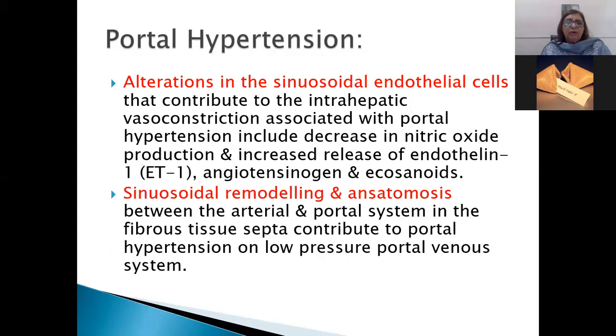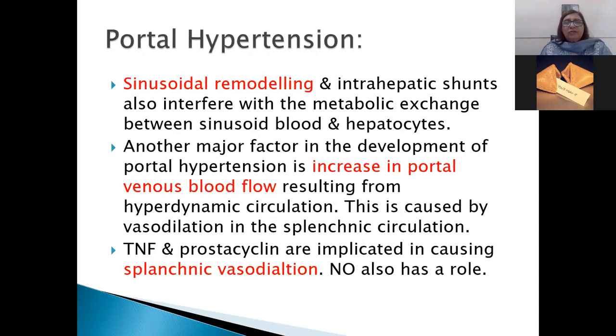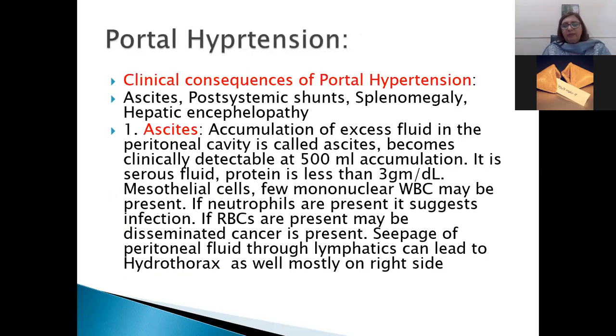Sinusoidal remodeling and anastomosis between the arterial and venous system is also very important in leading to portal hypertension in cirrhosis. Sinusoidal remodeling can also interfere with the metabolic exchange between the blood and hepatocytes. An increase in venous flow in the portal circulation is also seen when there is dilatation in the splanchnic circulation. So these are the causes of portal hypertension.